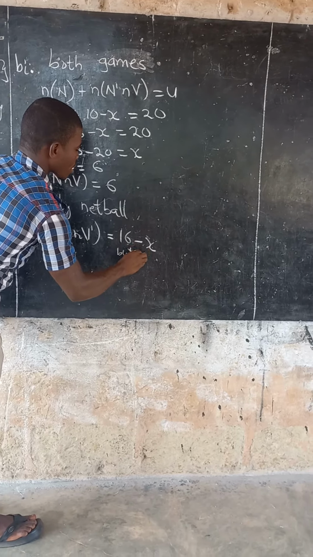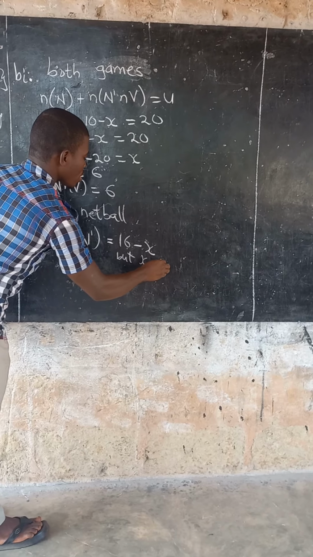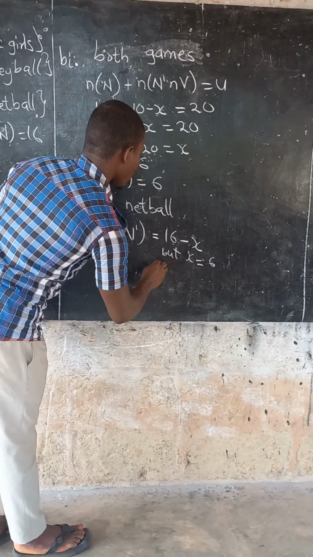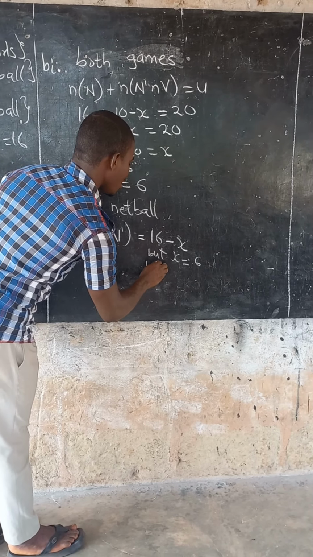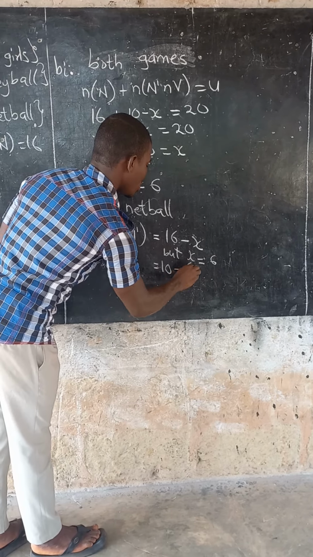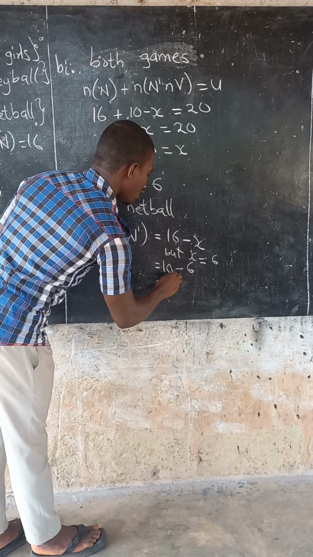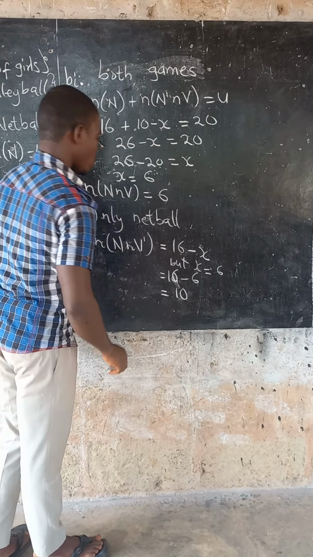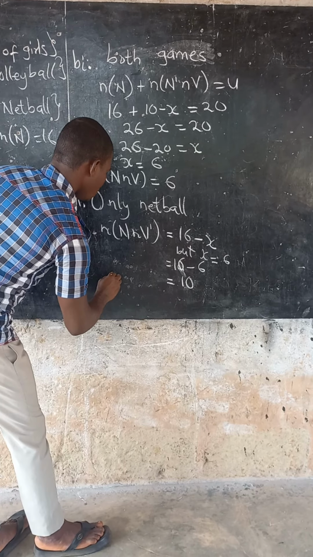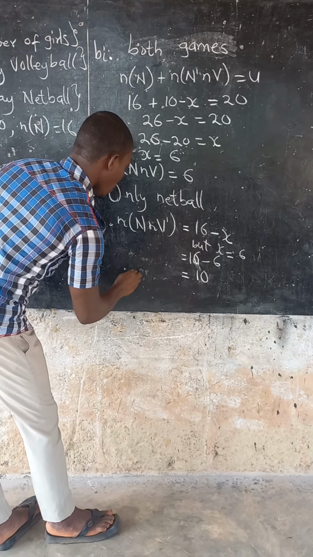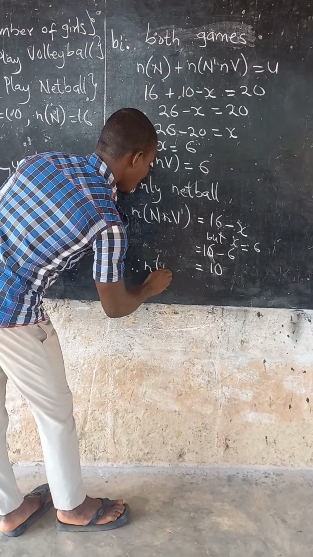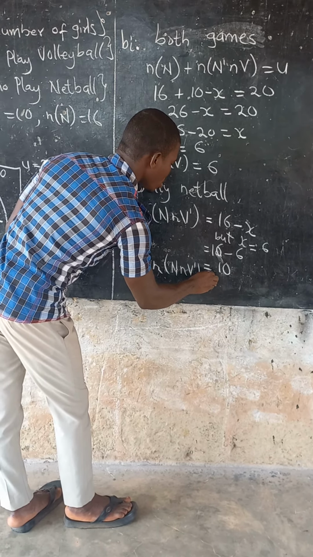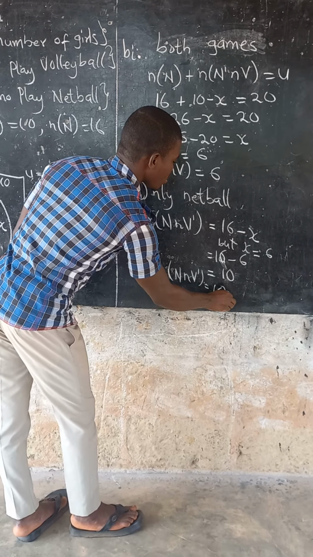But x is equal to 6. So this is 16 minus 6, which is giving us 10. Therefore, the number of N intersection V complement is 10.